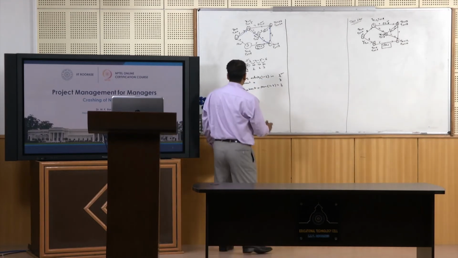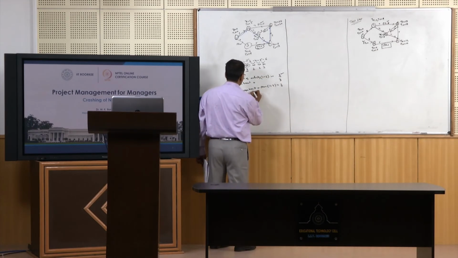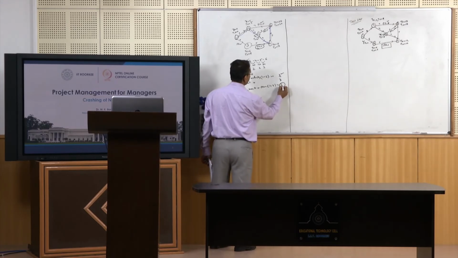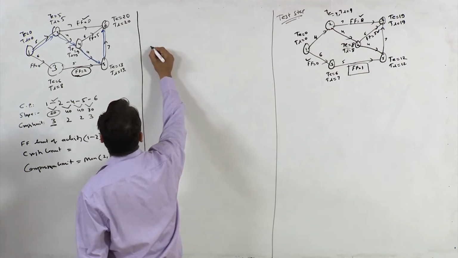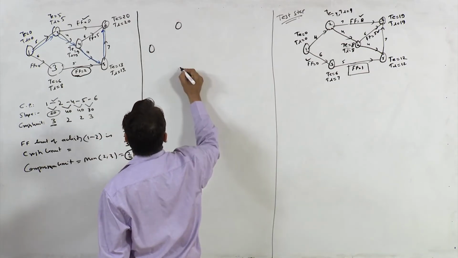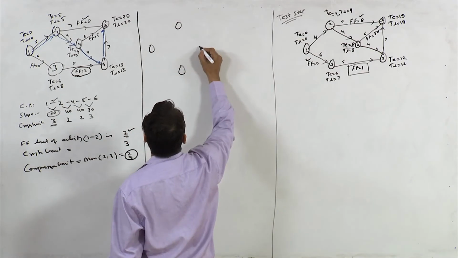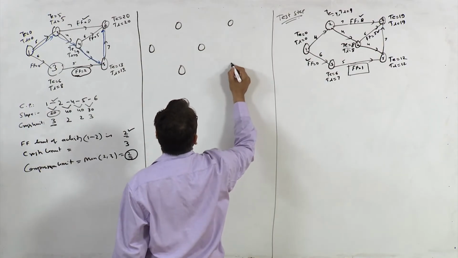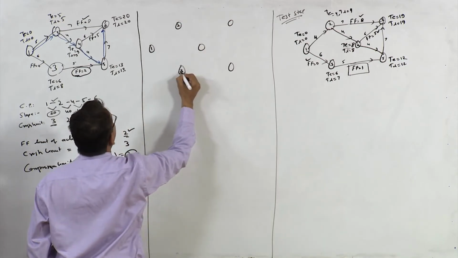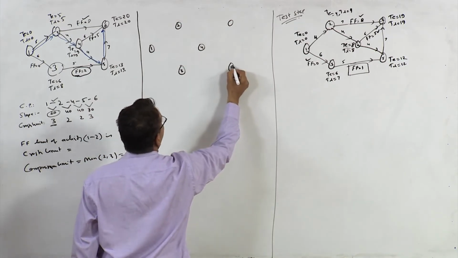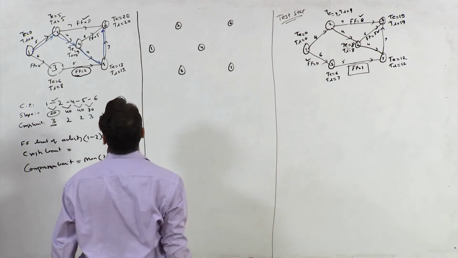So we have decided that we will compress activity 1-2 by 2 days. So let us take that decision and compress its duration.